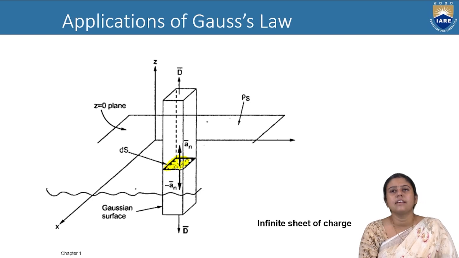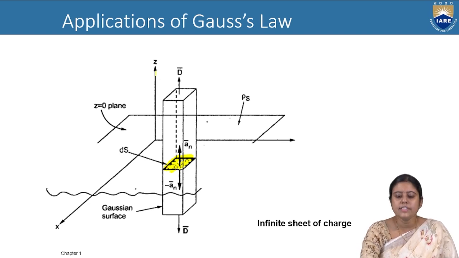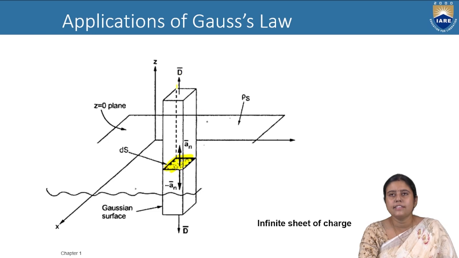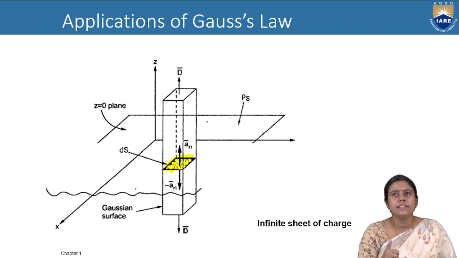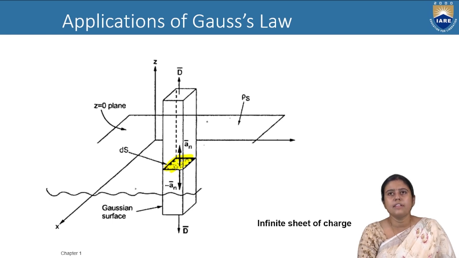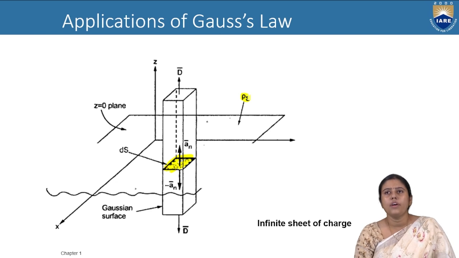So for this surface z is constant, and we are getting only x and y. This is the z plane, and similarly D is now in the z direction. Previously D had no z direction, but in this case D has, and for this sheet the surface charge density we are taking as rho s.